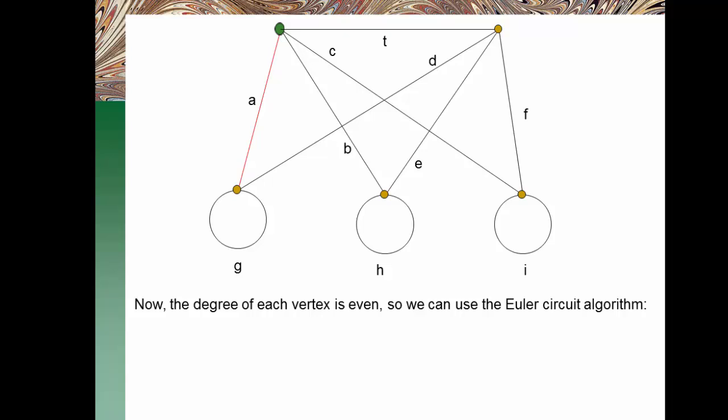Here we arrive at this vertex, and then we randomly choose an edge. We could choose this loop or this edge. Suppose we choose edge D. We arrived at this vertex. Again, we randomly choose another edge, and we do that until we come back to the original vertex.